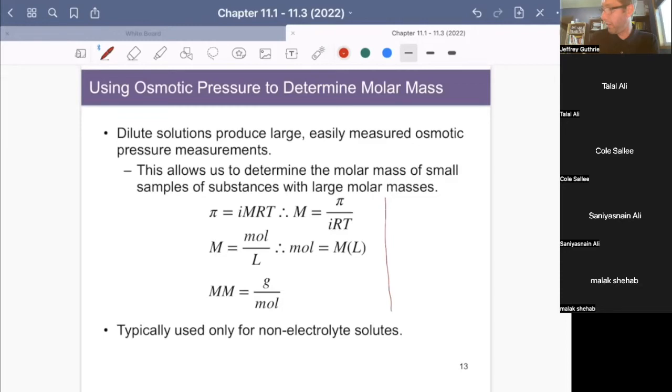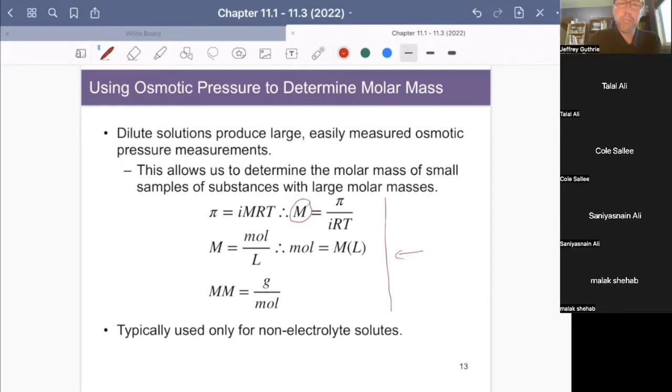Okay. So this part here, this working out of the equation, it's basically just saying you take the osmotic pressure equation, you rearrange it so you're solving for molarity, right? And that's going to give you moles per liter. And if you remember, molar mass is grams per mole. So by giving yourself moles per liter, you're on the right track because you've at least got moles as part of your equation.